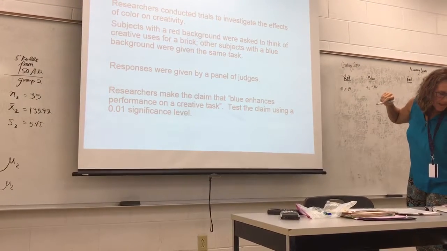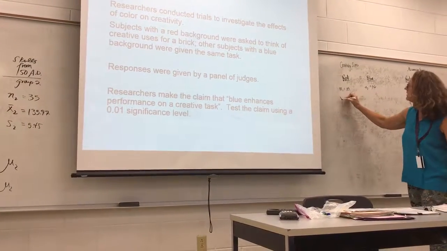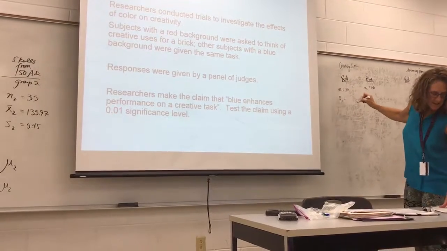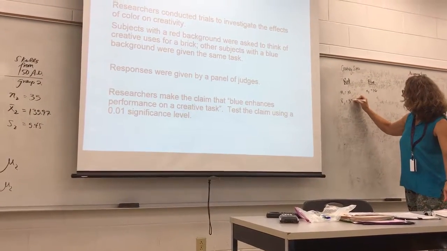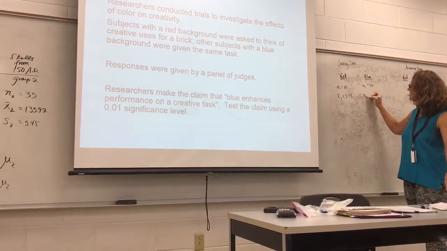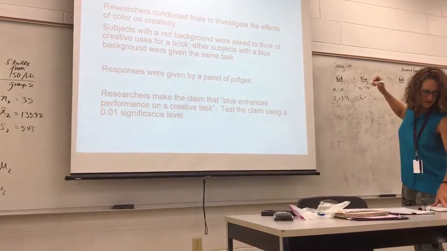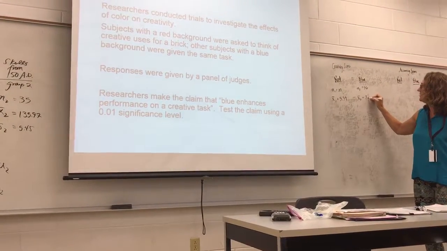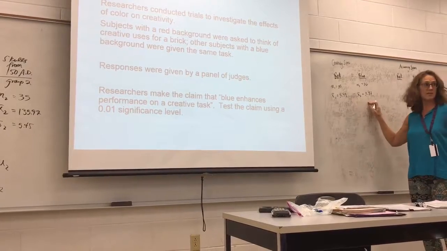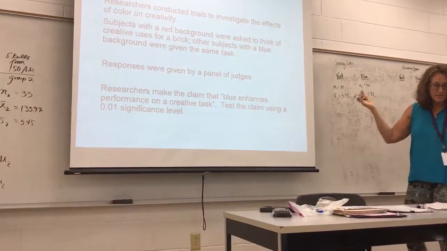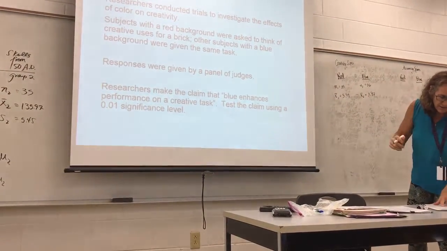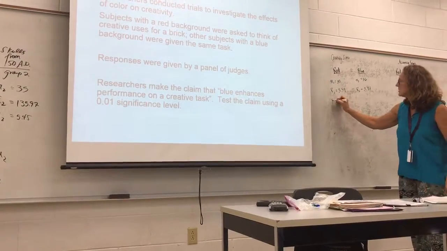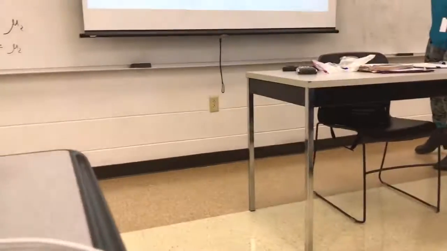Sample mean x bar 1 is 3.39, x bar 2 is 3.97. So again, looks like it's a little better for blue. You know, is that enough to say that it's true for anybody who uses a blue background? And standard deviation comes into play. How spread out they are, 0.97.